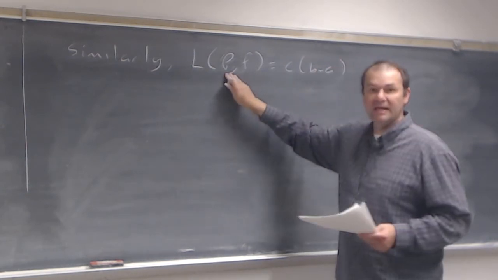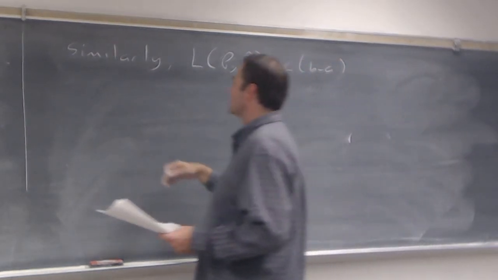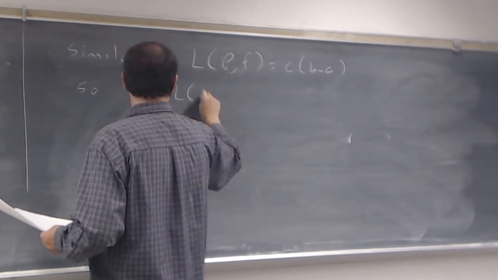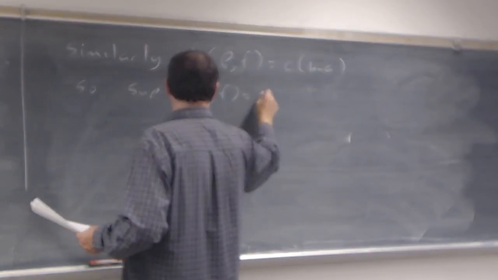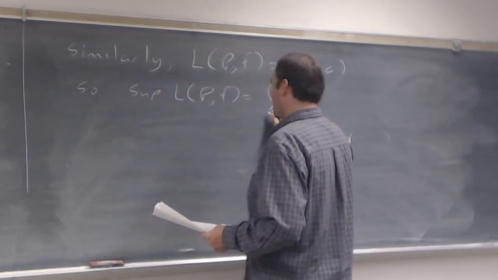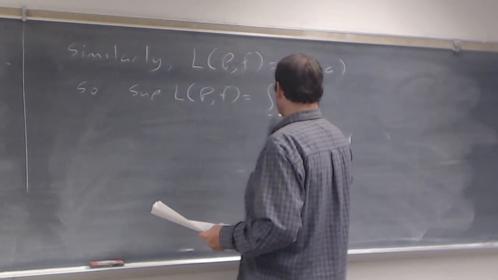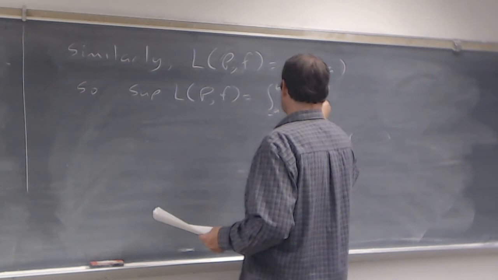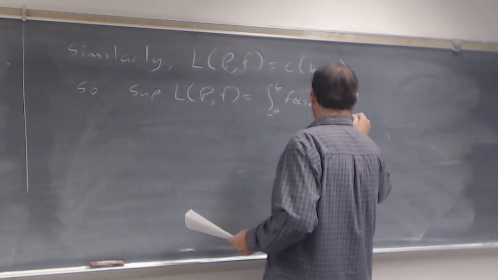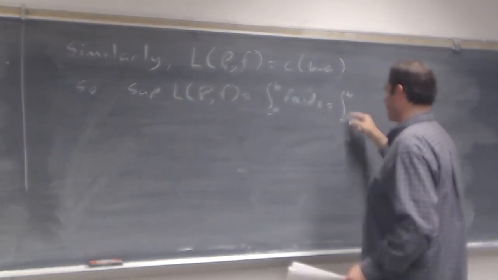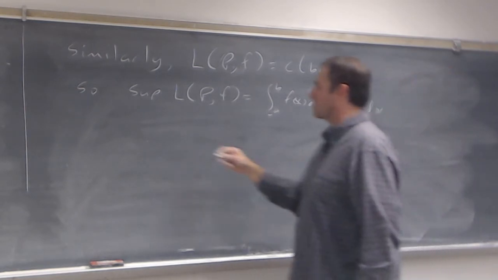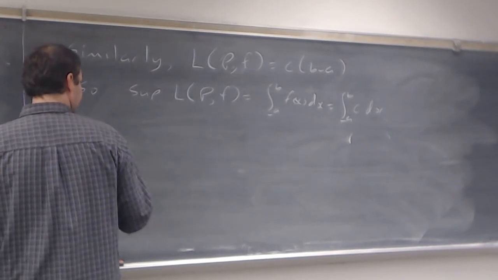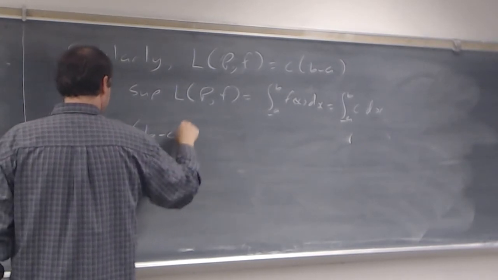And that's true for any partition that we have. And so the sup of these lower sums, which equals the lower Riemann integral from a to b of f of x dx, which is of course the lower Riemann integral of C dx, is going to be equal to C times b minus a.